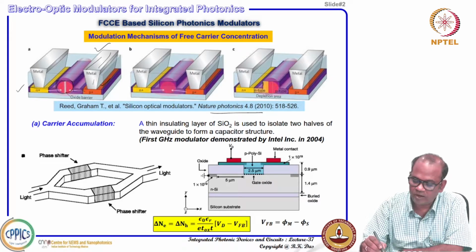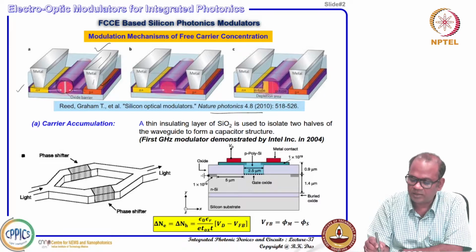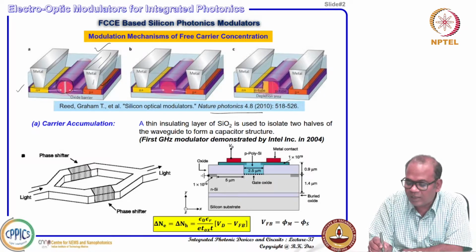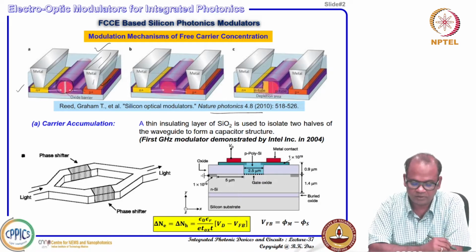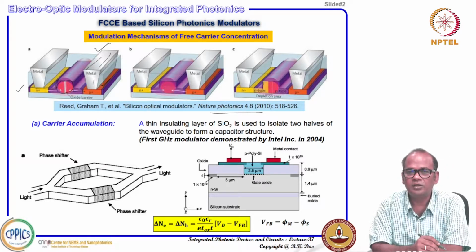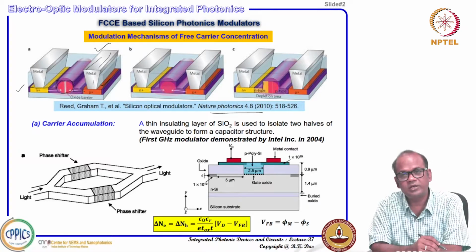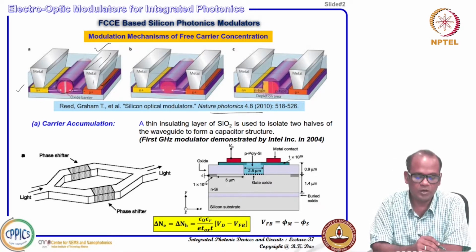So this is your waveguide, of course, and one side is p-type doped. This is basically a PN diode. So P plus doping for contact, then p-type doped, and then the other half can be n-type doped, and then N plus you can make a contact there. So these three different types of device architectures are used today for demonstrating high-speed modulators. I will discuss one after another.